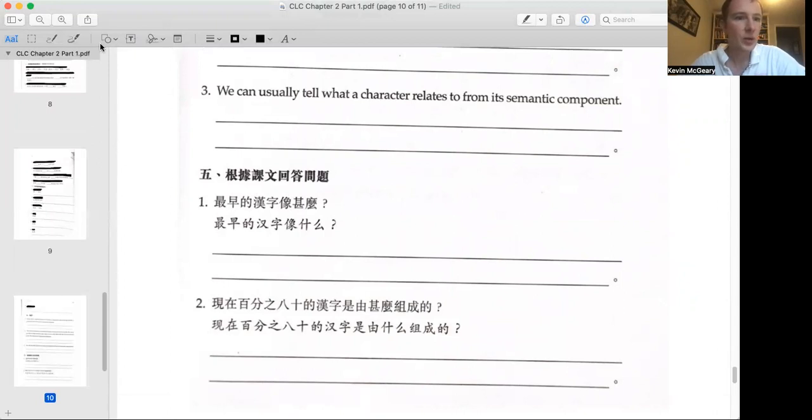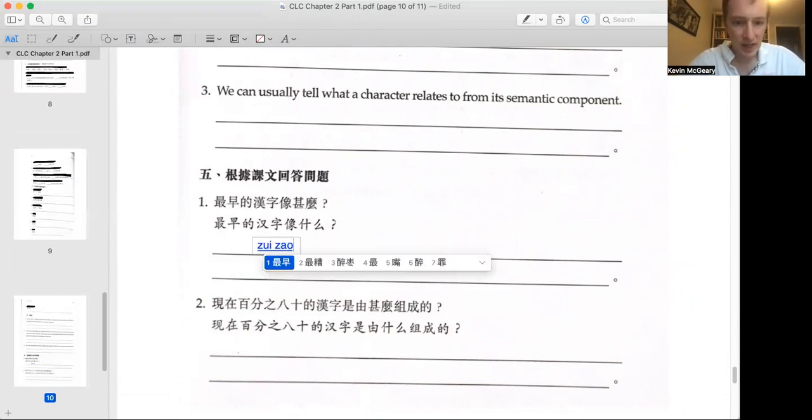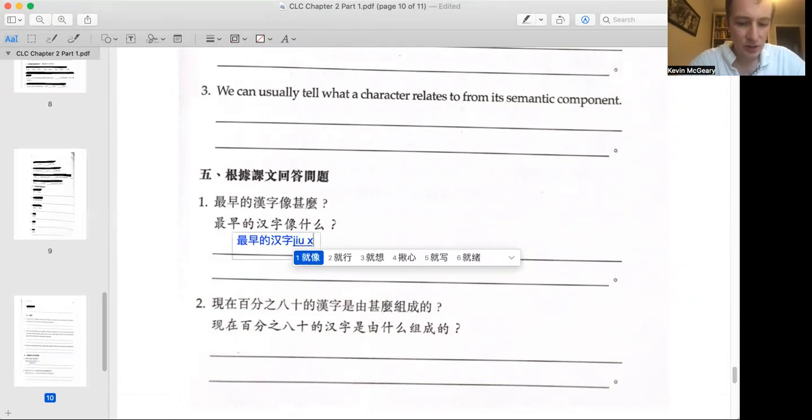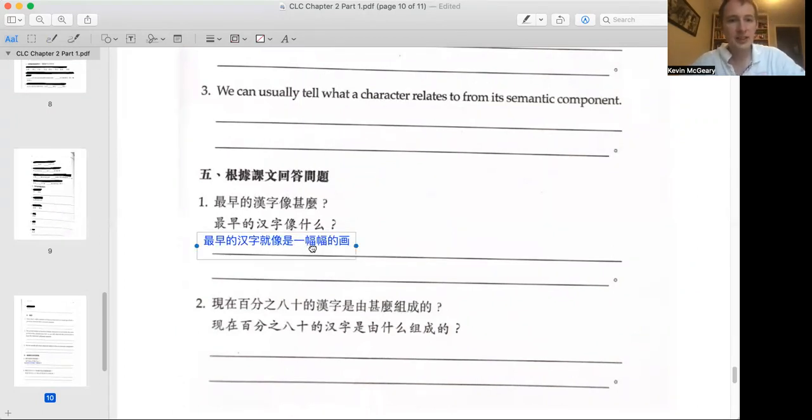So what were the ancient characters like? So we'll answer that in a full sentence. 最早的汉字就像是一幅幅的画. So the earliest characters look like paintings or drawings.